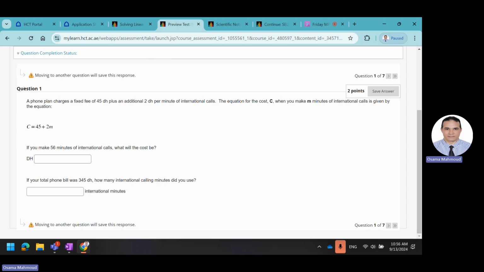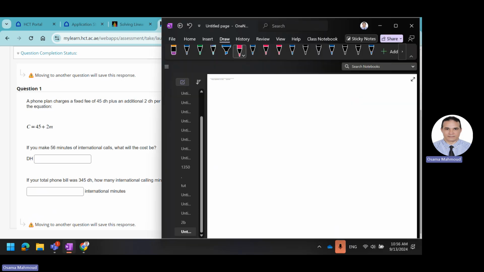This is an algebraic expression for C. But he's asking you to calculate when he gives you a value for the unknown. He gives you 56, and 56 is for what? Minutes, denoted by m. So I'm just going to substitute here. The cost will be 45 plus 2 times m, plugging in 56, and calculate.